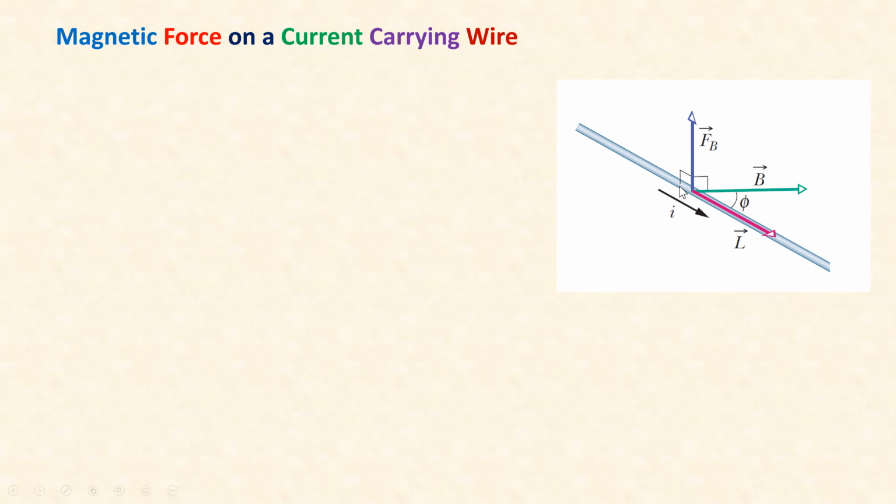And you see, because the current is this way, it means that it's like positive charges are moving this way. And you see that the force on the positive charges is perpendicular to both the velocity vector and B vector, which is perpendicular to the plane of this, which we can consider horizontal plane. So it could be up, could be down. From right-hand rule, we know that it is up, right?